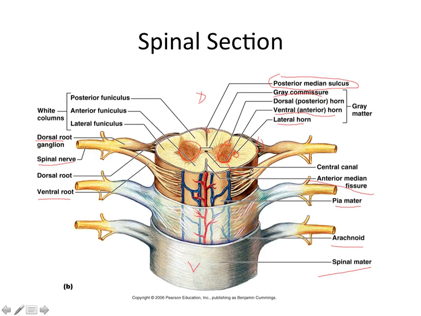The ventral root is made of purely motor nerve fibers. These two roots unite together to form the spinal nerve. We can also see this enlarged structure, the ganglion.